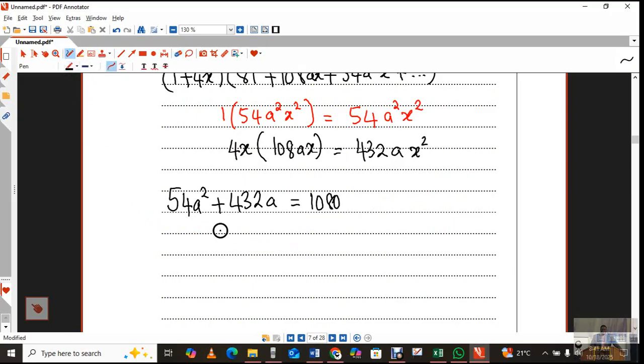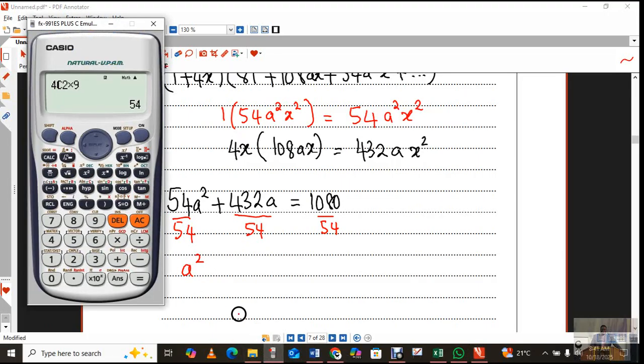Right, this can actually be simplified a little bit. If you divide by 54, this can be divided by 54 and this can be divided by 54. The same with this one. This is going to leave you with a squared, and then we take 432 and divide that by 54. What do we get?